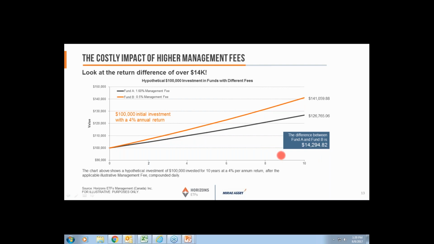So a significant amount of money that's lost to fees. And again, these are the same price returns, so all you're doing is basically throwing away additional money by paying for the higher fee product. And that's typically what we've seen in fixed income ETFs versus higher fee mutual funds or buying individual bonds at a higher commission.